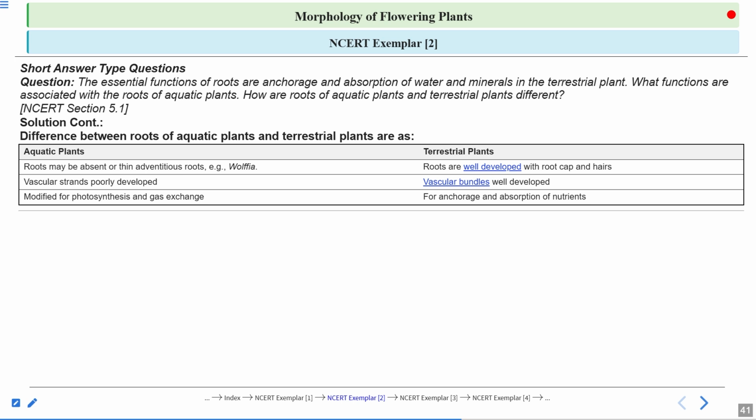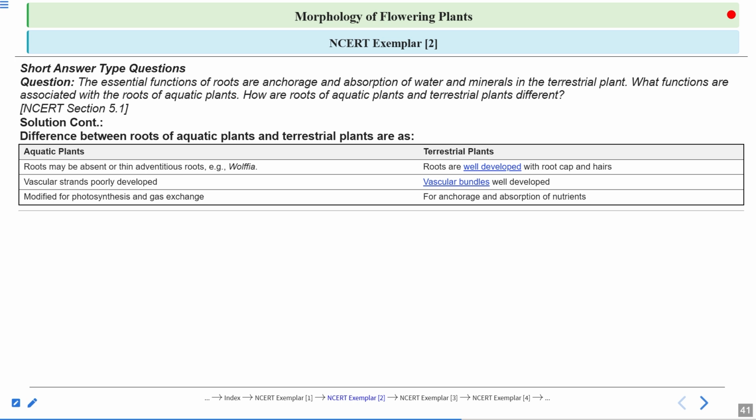But in the case of terrestrial plants, the vascular bundles are well developed because they can only take water from the soil and transport it from roots to the upper parts of the plant, the shoot system, via the xylem and phloem. That is meant for the transportation of food and water both. For water, there is xylem, and for the food material, that is phloem.